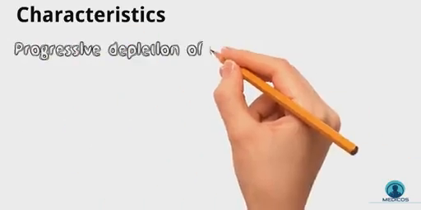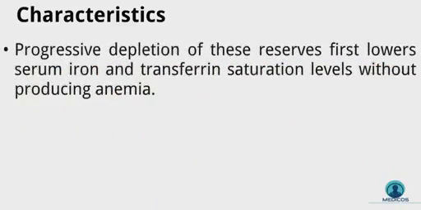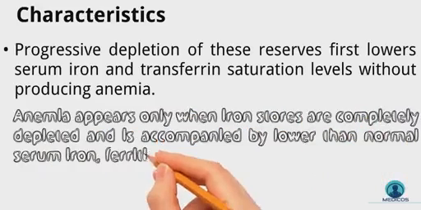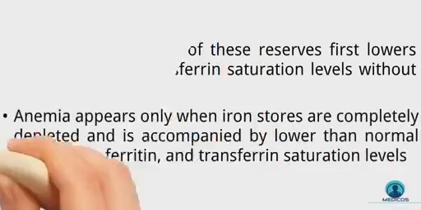Progressive depletion of these reserves first lowers serum iron and transferrin saturation levels without producing anemia. In this early stage there is increased erythroid activity in the bone marrow. Anemia appears only when iron stores are completely depleted and is accompanied by lower than normal serum iron, ferritin, and transferrin saturation levels. Clinical features.